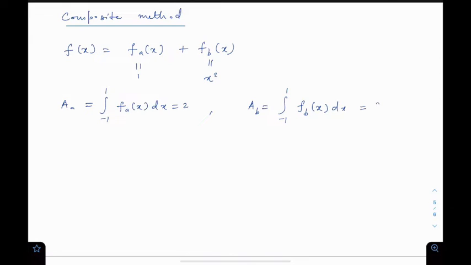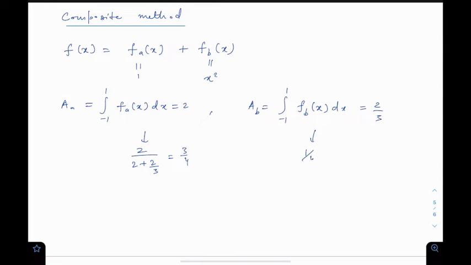So we want to generate from f_A with probability 2 by 2 plus 2 by 3, which is 3 by 4. From f_B we want to generate with probability 1 by 4.